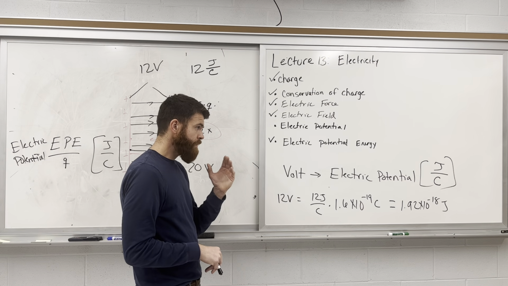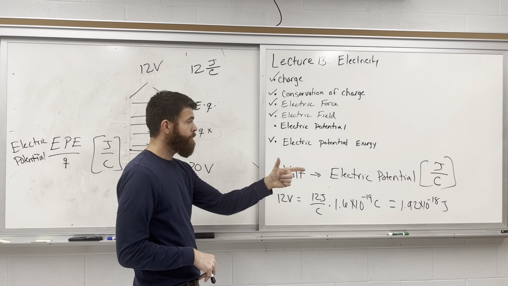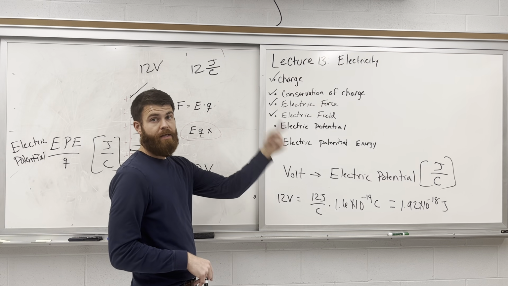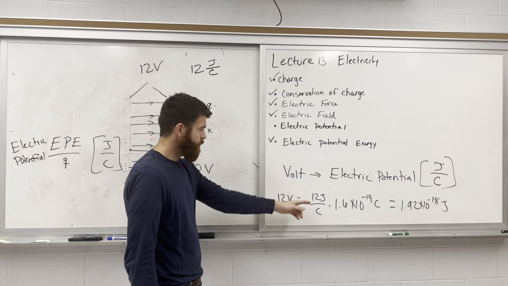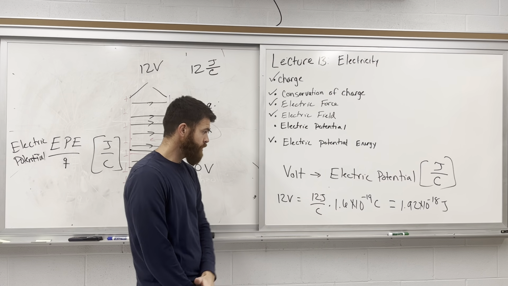So the larger the voltage of the battery, the faster the electrons can move in the circuit. Okay, because it's more joules of energy per coulomb charge.